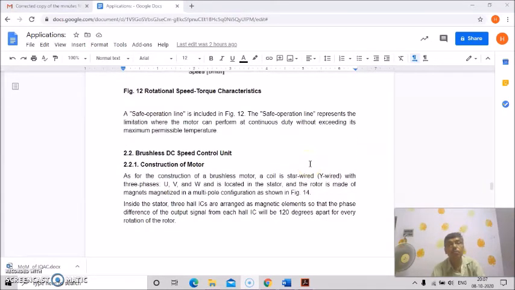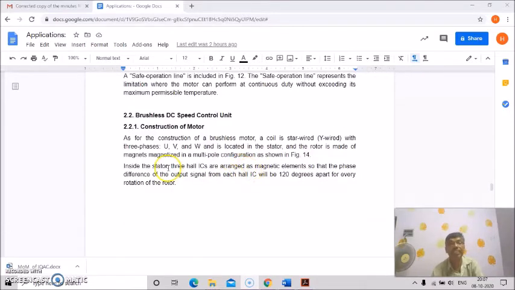Now in the case of the brushless DC motor speed control unit, the construction of this motor is like this. In a brushless motor, a coil is star wound, that is Y wound, with three phases U, V and W, and is located in the stator, and the rotor is made of magnet.